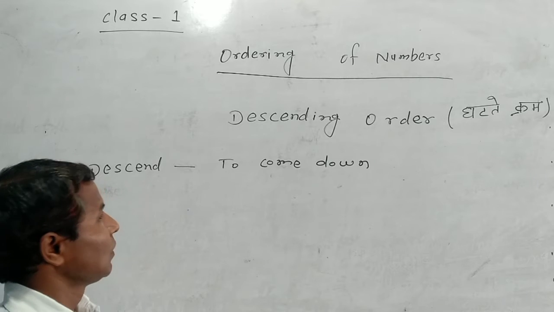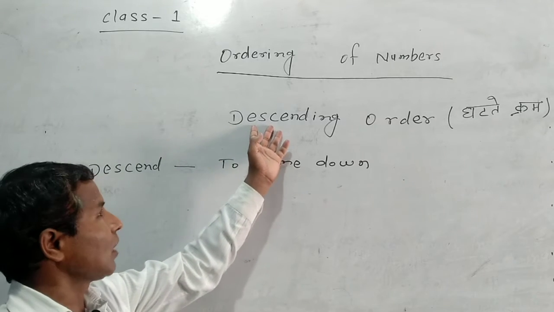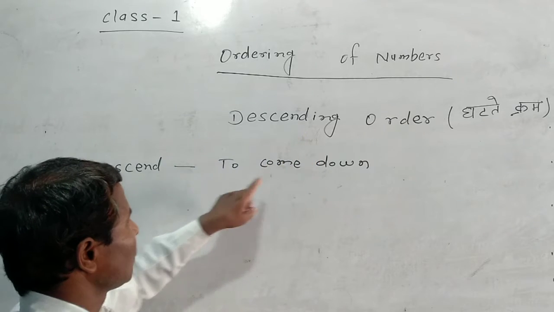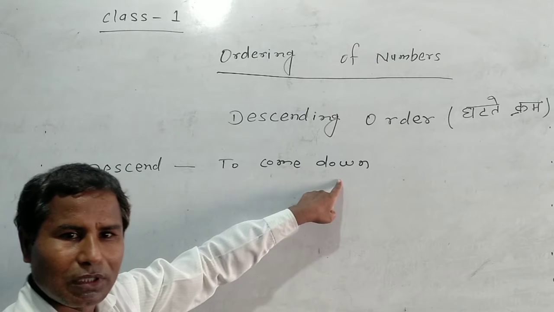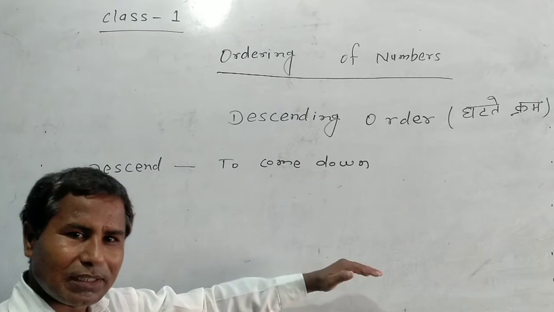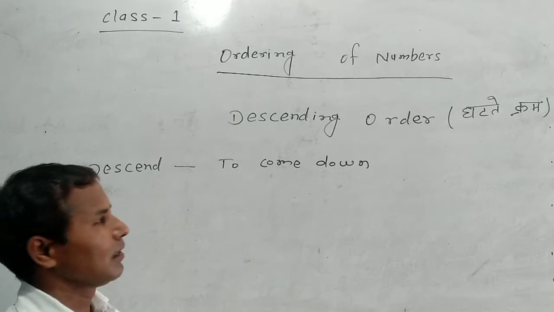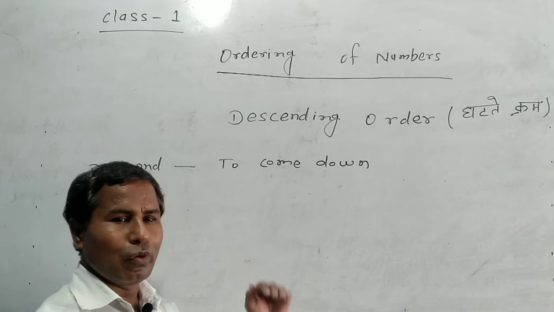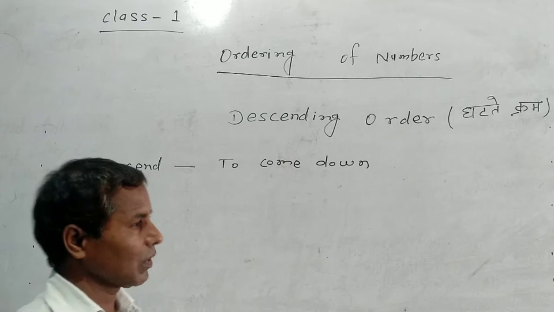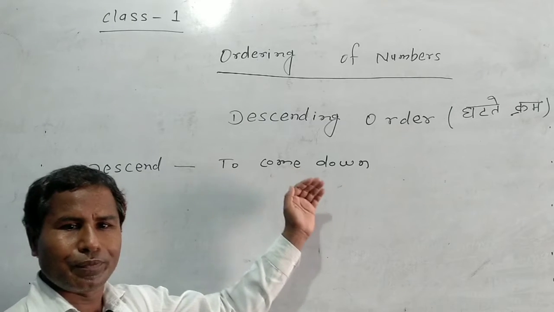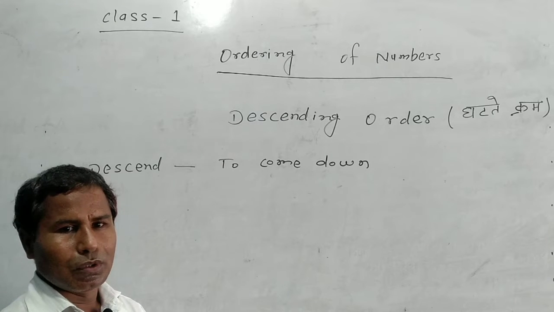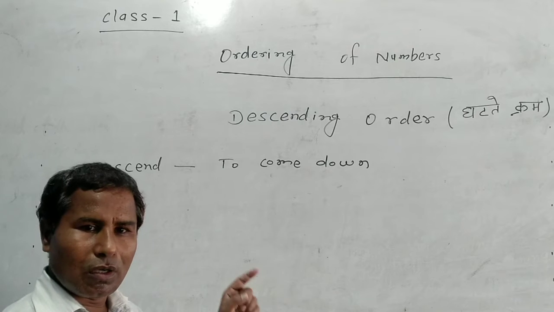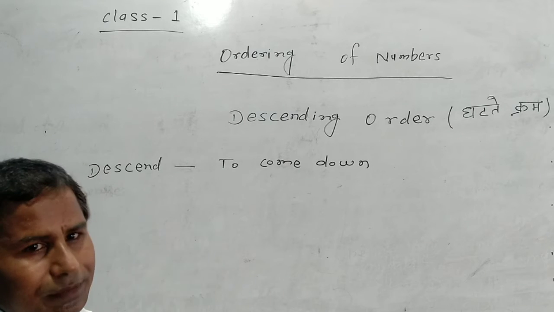First of all, you have to know what is the meaning of descend. Descend means to come down. Come down, it means नीचे उतरना. कहने का तात्पर्य ये हुआ, whenever you come down from the roof, you put the first step on the highest stair.